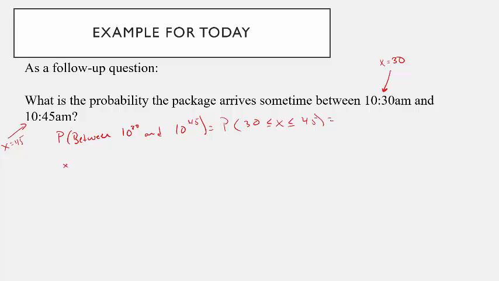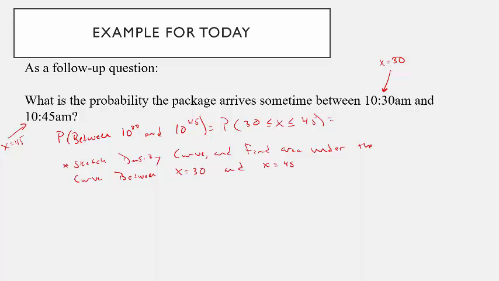So again, what you're going to do is sketch the density curve and find the area under the curve between x equal to 30 and x equal to 45.